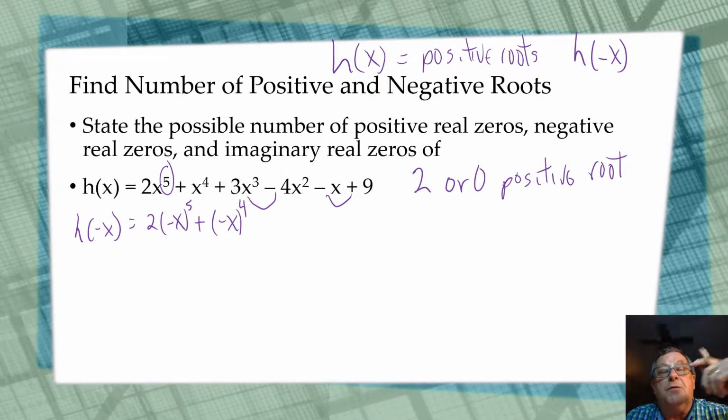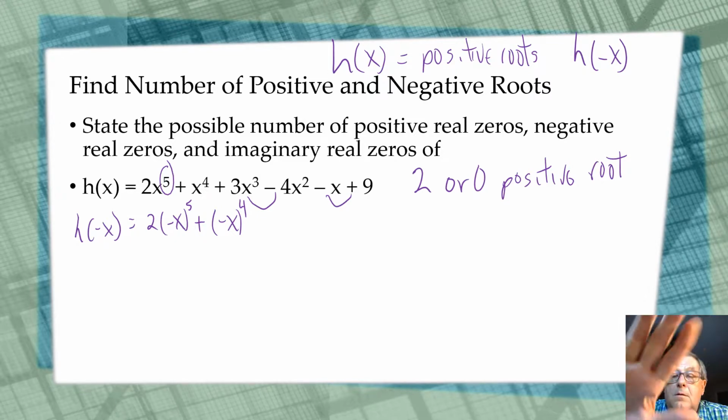If I had negative 2 to the 5th, well, negative 2 to the 5th is negative 32. 2 times 2 is 4, times 2 is 8, times 2 is 16, and times 2 is 32. So negative 2 to the 5th is negative 32. And so that's going to make, from a positive term, positive 2x to the 5th, 2 times negative 32, which would be negative 64.